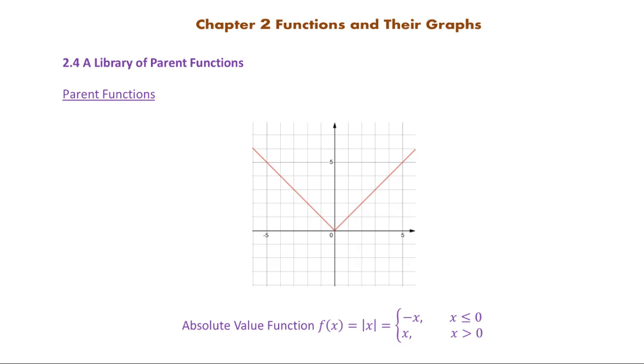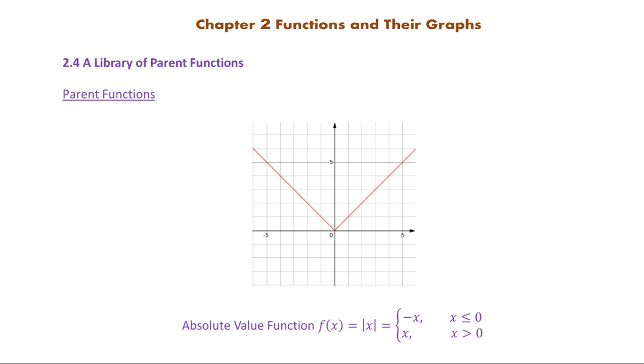But when x is negative, when you take the absolute value, you should also get a positive number. So f of x equals negative x in that case, because if you take the negative of a negative x, you get a positive number.